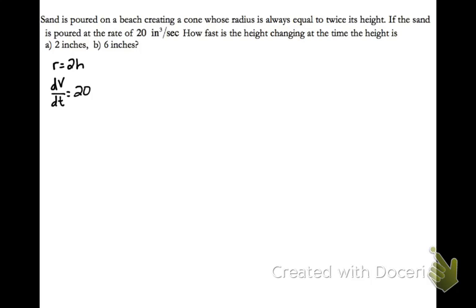How fast is the height changing at the time the height is 2 inches and 6 inches? So what we want to know is dH/dt, and at two different cases, one when h is 2 and the other when h is 6. So we'll deal with h is 2 first.